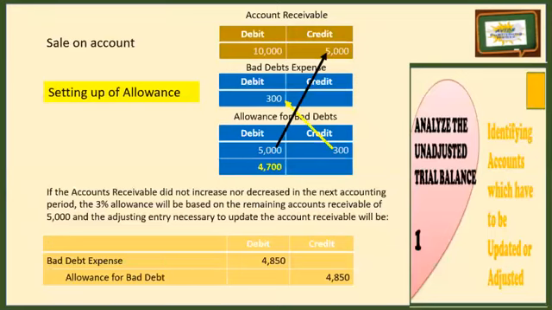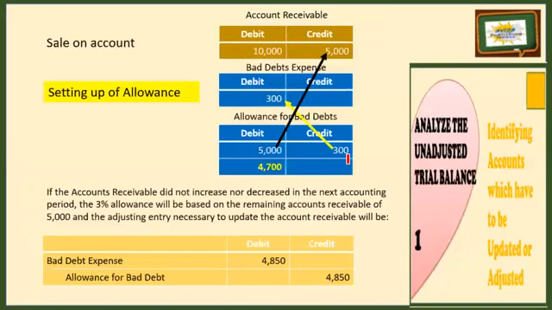This illustration shows the ledger balances of accounts receivable, bad debts expense, and allowance for bad debts. Note that the allowance is 3% of the accounts receivable balance. Hence, 300 was debited on the bad debts expense and credited to allowance for bad debts for the first month.